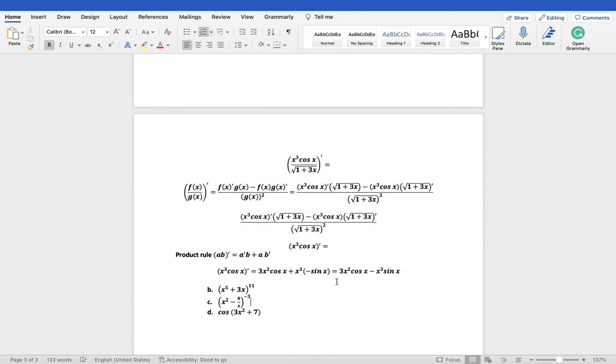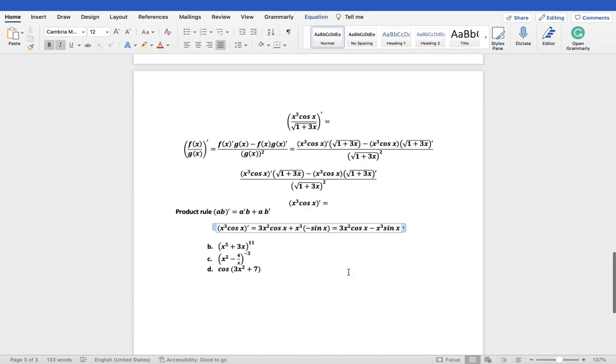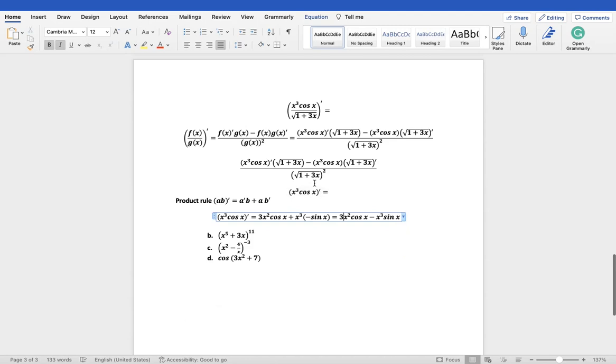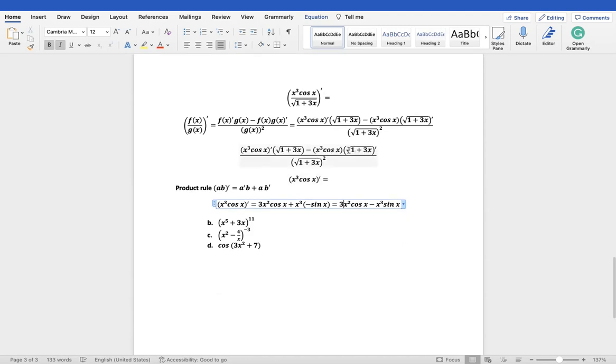So next, we've simplified this. So now let's apply it to our root of 1 plus 3x. Okay, so let's copy again root of 1 plus 3x.